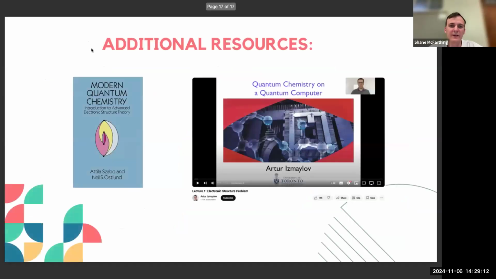And if you had a little bit of trouble following along, there are some additional resources that are quite useful. The one is this textbook on modern quantum chemistry, and it goes into an introduction of electronic structure theory. But the first chapter basically covers everything that we've done in this lecture today.